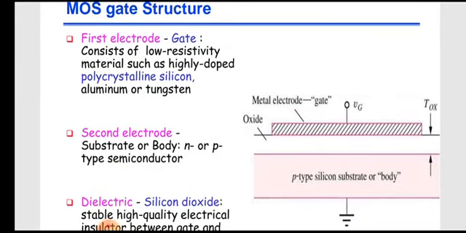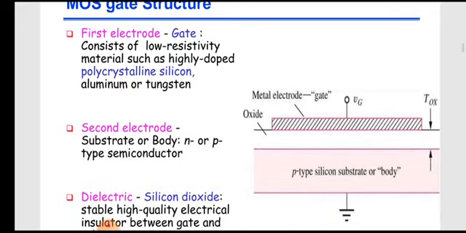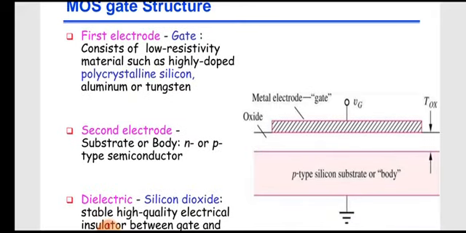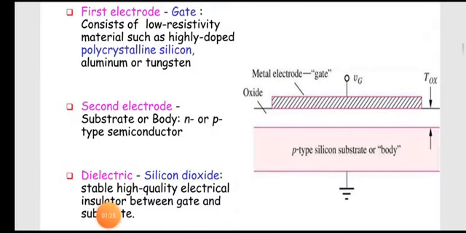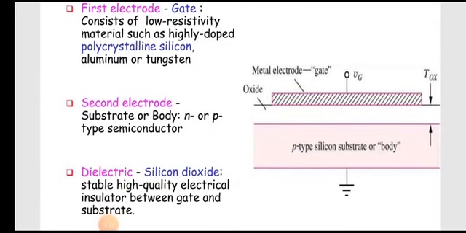The MOS gate structure basically has a first electrode, the gate, consisting of a low resistivity material such as highly doped polycrystalline silicon, aluminum or tungsten. The second electrode is the substrate or body, which can be an N or P type semiconductor.